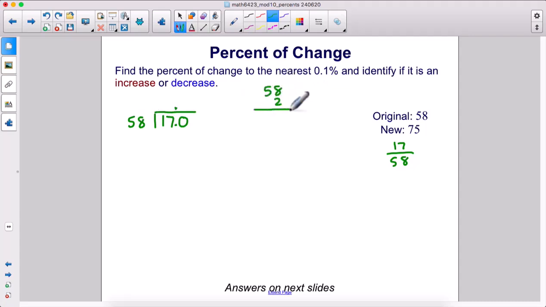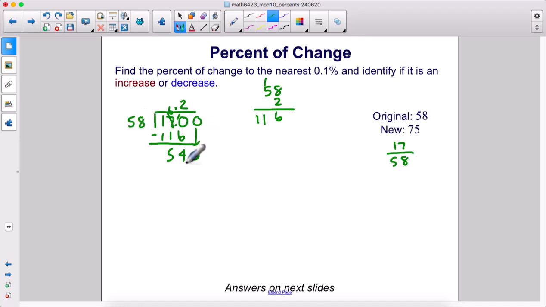Let's try that out. So we have 16, 10, 11. Yes, so 2 times. 2 times 58 is 116. All right, we're going to subtract those. So that becomes a 6, that becomes a 1, 4, 54. 58 does not go into 54, so we need another 0.